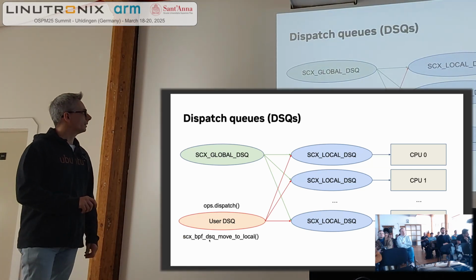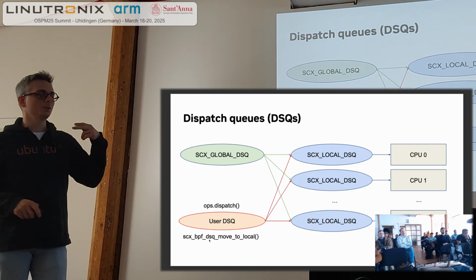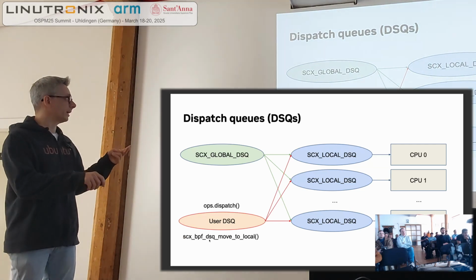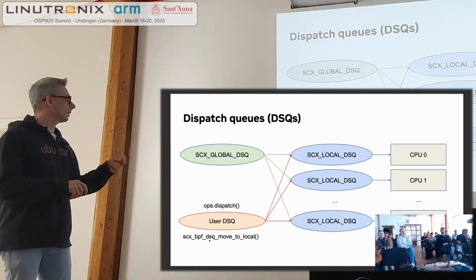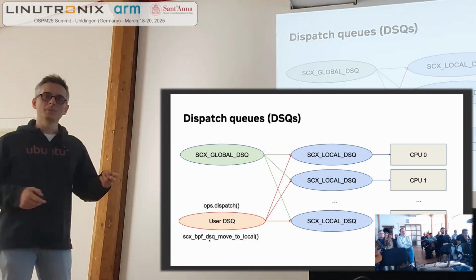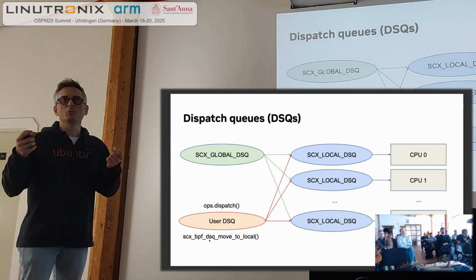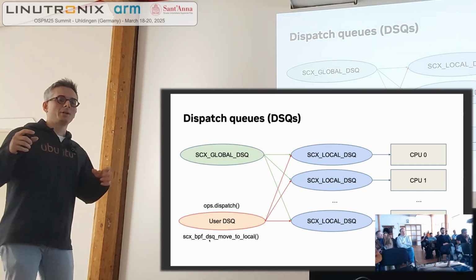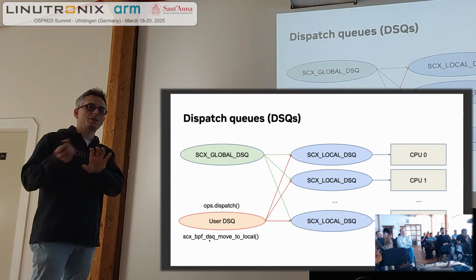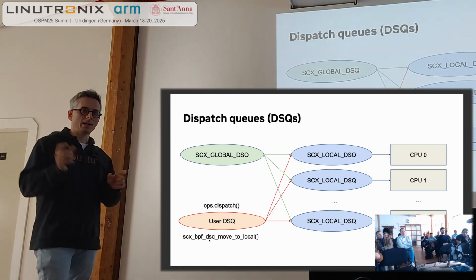This one has 2 modes of operation. You can use it either as FIFO and it becomes like one of these, or you can use it as a kind of priority queue. If you use the priority, you pass an additional value that we call vtime. Behind that there's an RB-tree and it uses the vtime to order the tasks.